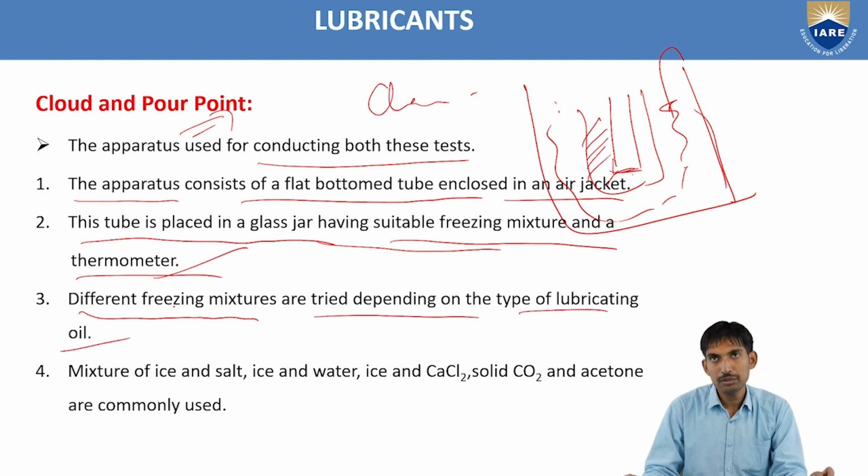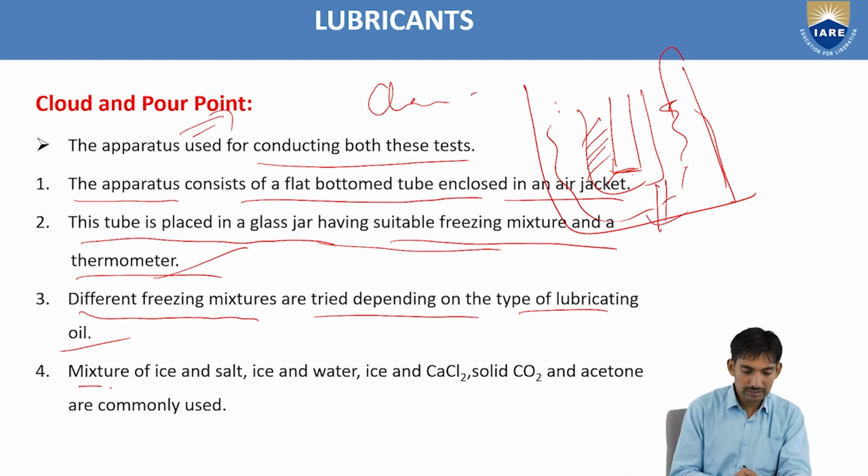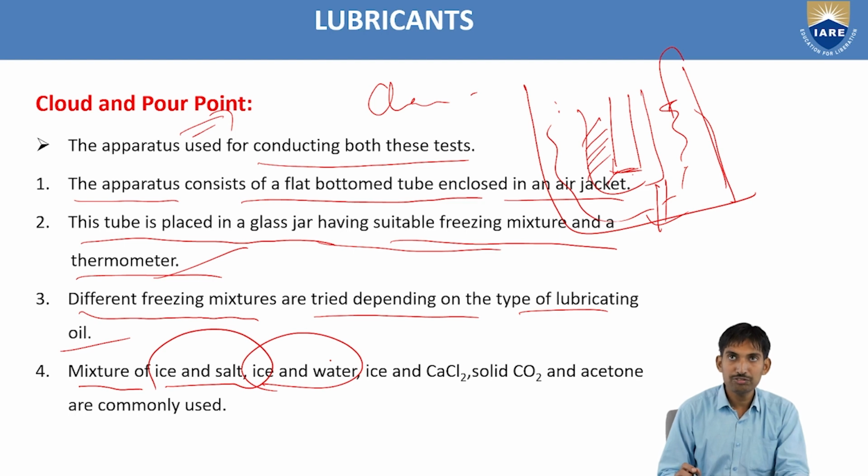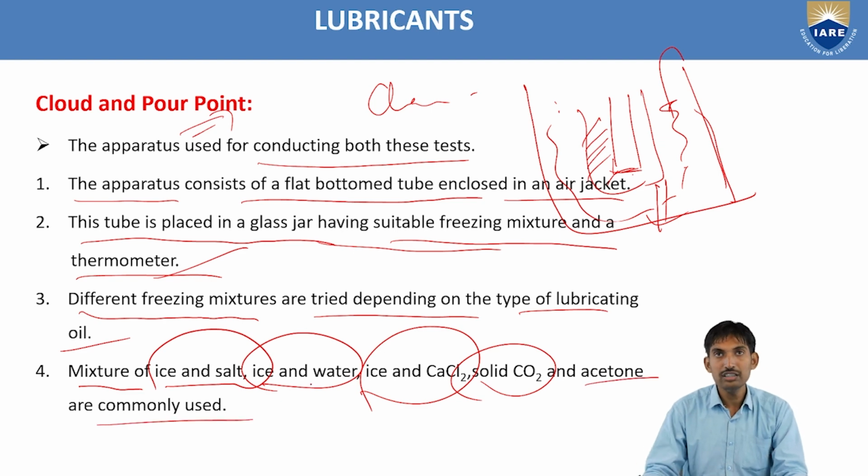Examples are mixtures of ice and salt, ice and water, ice and calcium chloride, and solid CO2 and acetone. By using these freezing mixtures, we can cool the lubricating oil.